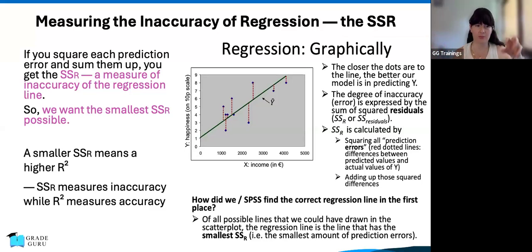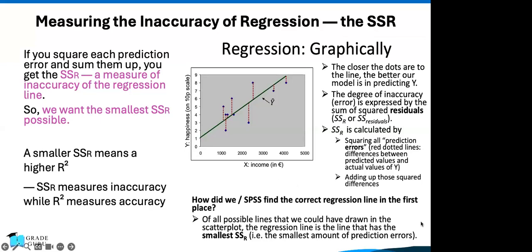So basically, a small SSR means a high R square. So low inaccuracy means high accuracy. Does that make sense to everybody? Okay, this is key. This is the beginning of understanding the rest of the theory. So if it's not clear, please let me know.